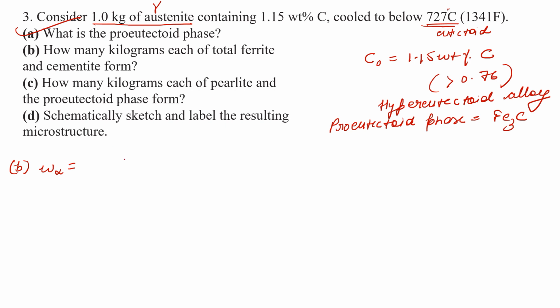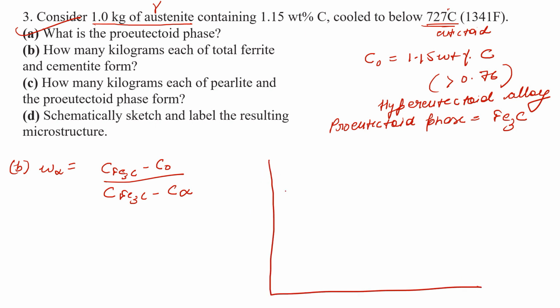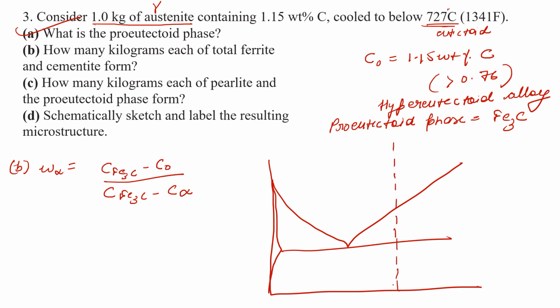Weight% of alpha can be given by C Fe3C minus C0, divided by C Fe3C minus C alpha, and this is because we are somewhere here, and this is 0.76, this is 0.022, and it goes on till 6.7 weight% is carbide.